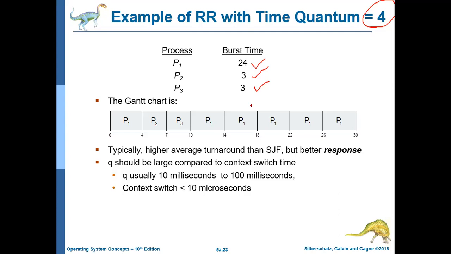Now the first process is P1. To P1 we are giving 4 units of time because the quantum is 4. Then we are executing P2. P2 requires only 3 units of time, but the quantum time is 4. Let it be.